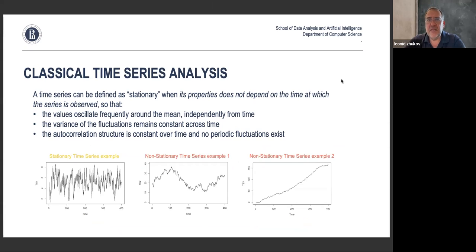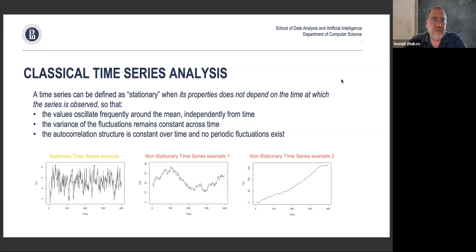The reason is it can be used, and it is used, as a preprocessing for machine learning methods. In order to understand it, we need to touch upon the notion of stationarity of the signal, or stationarity of the time series. And stationarity means that the property of the time series, the property of the signal, does not depend on the time when the signal is observed.